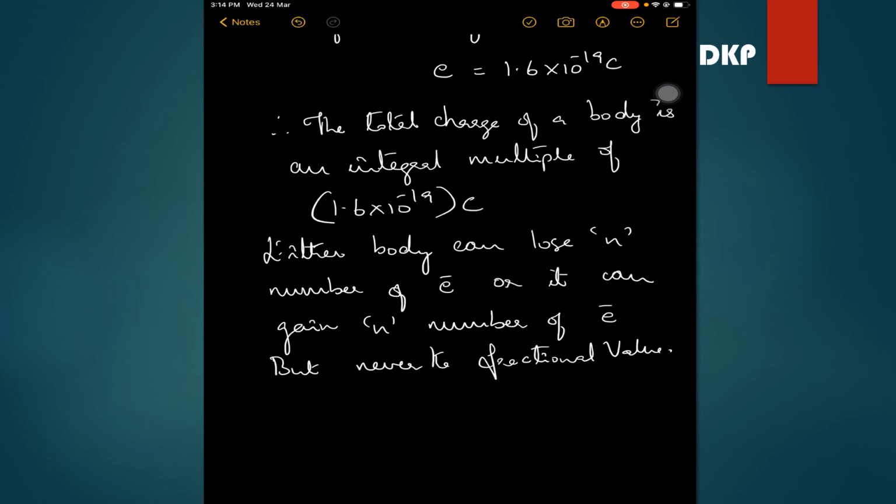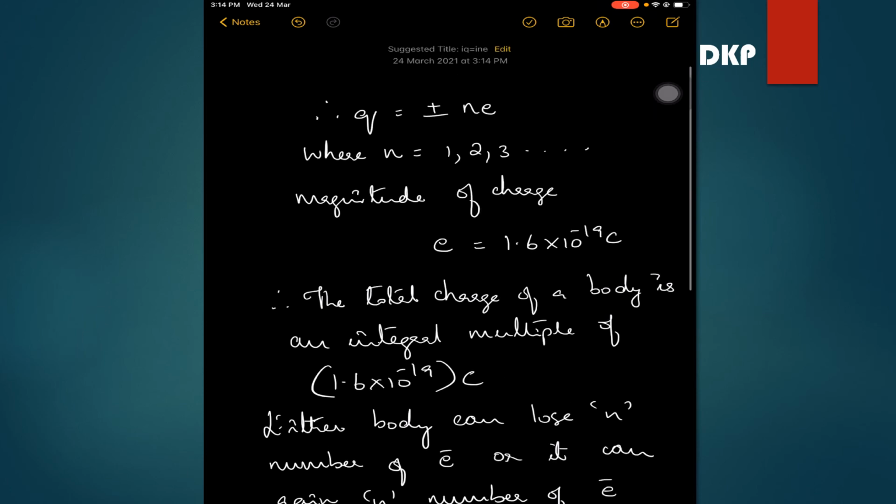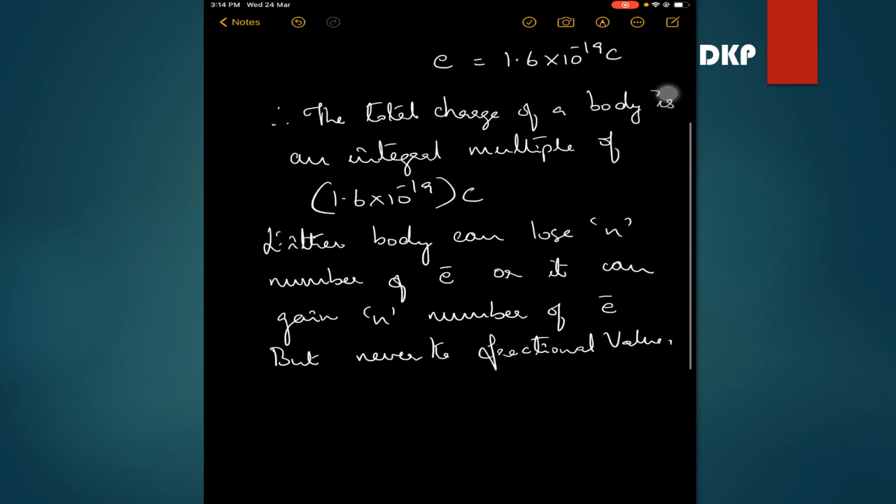That is why the electric charge of a body is quantized. So that was the question, why the electric charge of the body is quantized. So this is the reason.